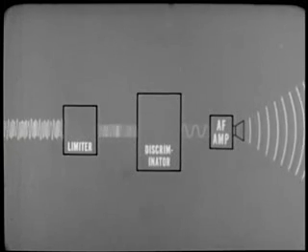Let's review what we've learned about FM principles by constructing an animated diagram that illustrates those principles in action. Let this vertical line represent the high-frequency portion of the radio spectrum. The center point of our FM channel will be at a particular frequency.